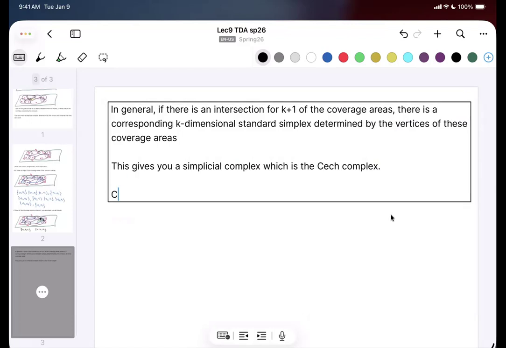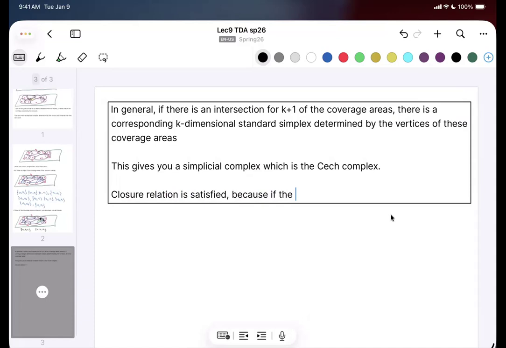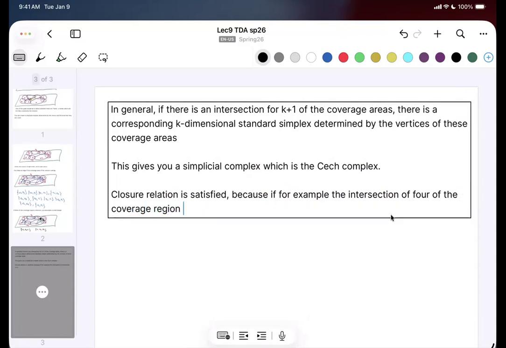So, for example, if the intersection of four of the coverage regions is not empty, then any three of these coverage regions also intersect, right?